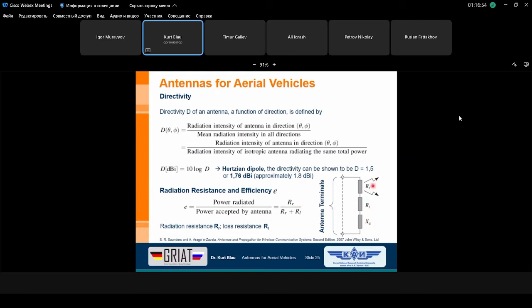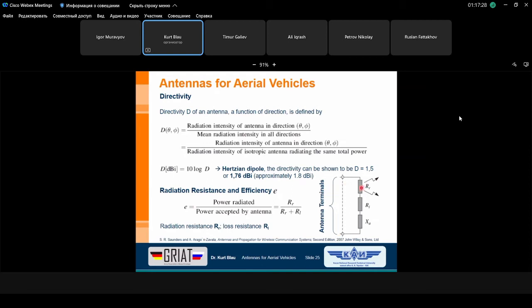You can see this here. If you look into the antenna, we find this radiation resistance. This is only an equivalent schematic. It's not visible on the antenna itself.